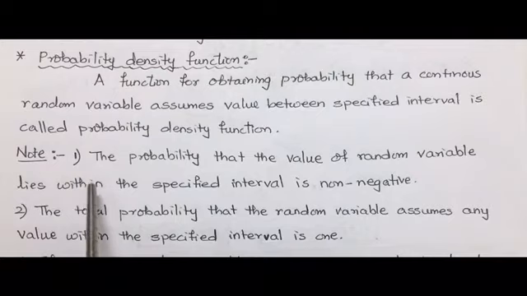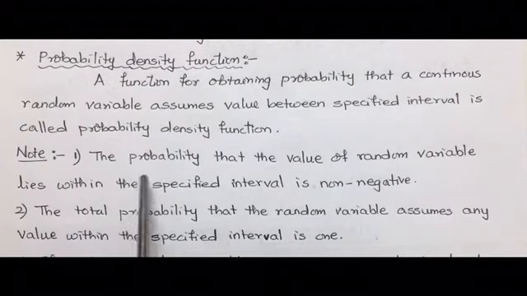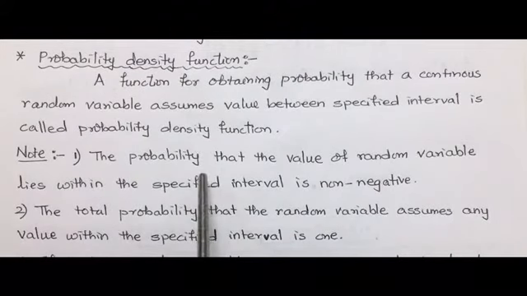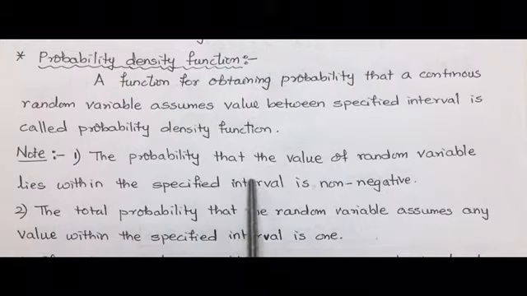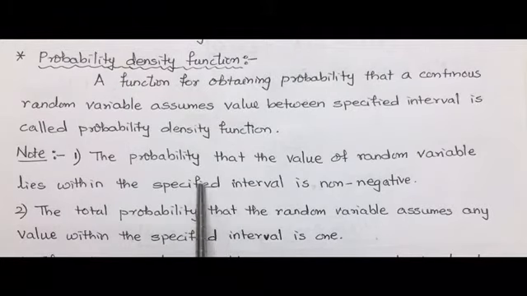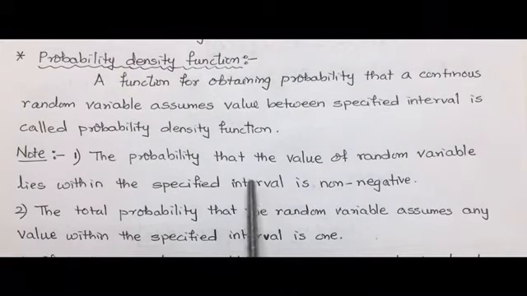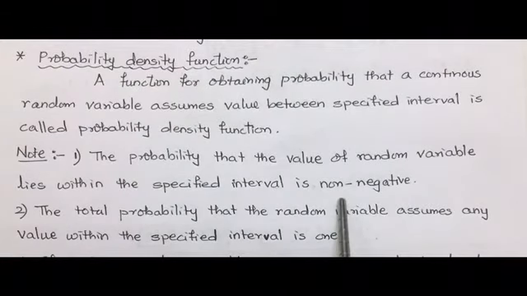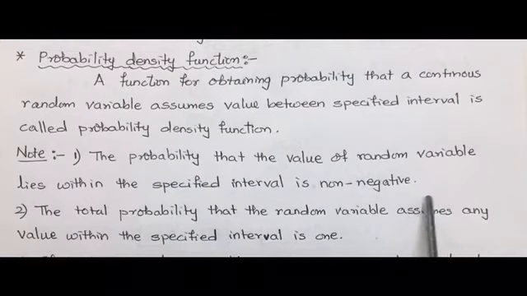Now as a note, few important conditions are: the first one is the probability that the value of random variable lies within the specified interval is non-negative. Means whatever the interval given, suppose the interval is a to b, then calculating the probability in this interval should not be a negative number, because probability is always positive. Non-negative means positive value.